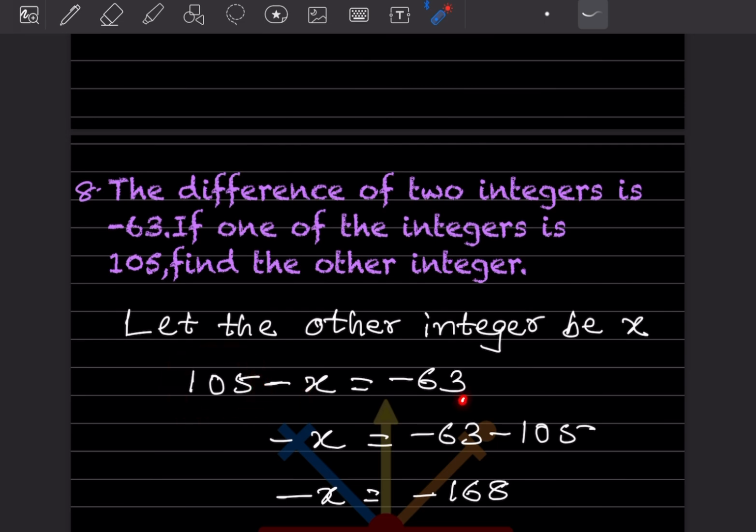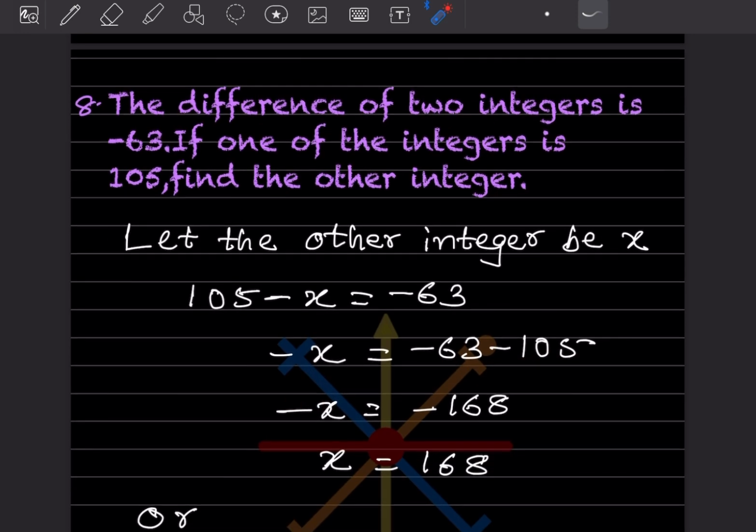After solving, minus x is equal to minus 63 as it is. If 105 goes to the other side, that is going to be minus 105. Minus x will be, when you add these, because both are minus you add but keep the negative sign. Now you can see both places negative, so that gets cancelled out. So that is going to be 168.